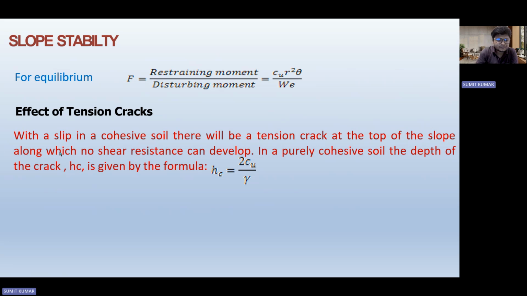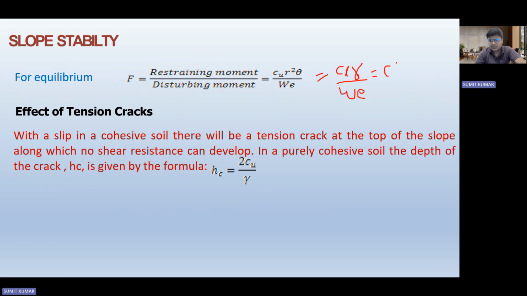Let me write. This is nothing but C into L, where L is the arc length, and L into R, so C into L into R by W into E. And this L equals R theta.